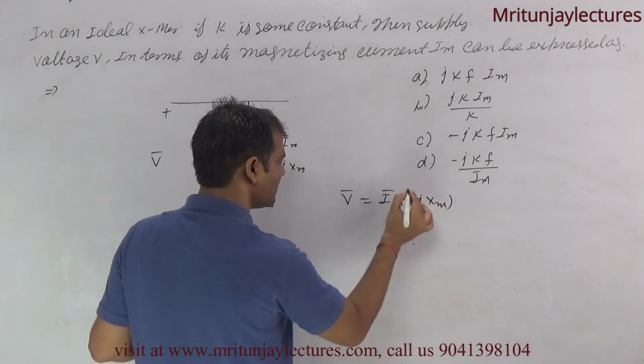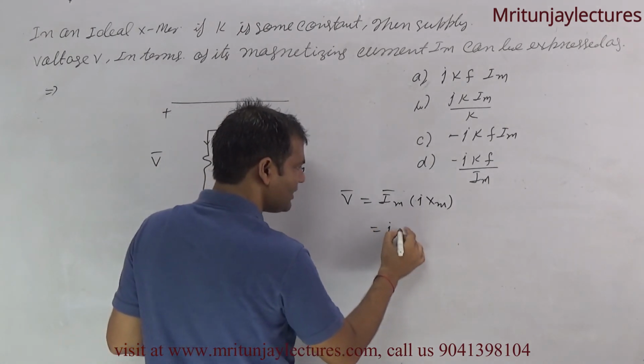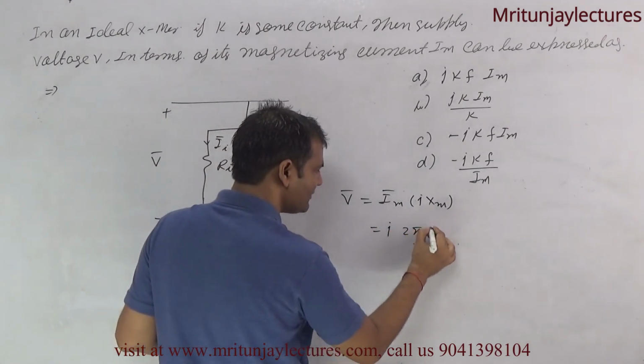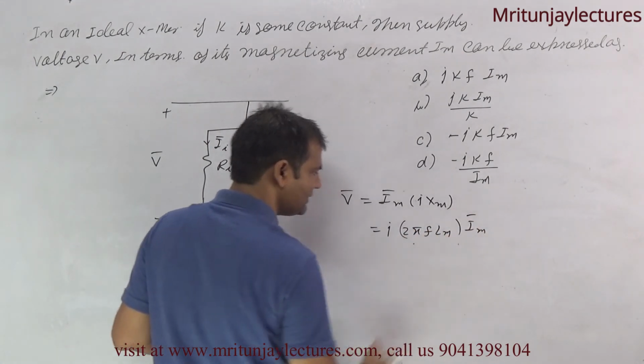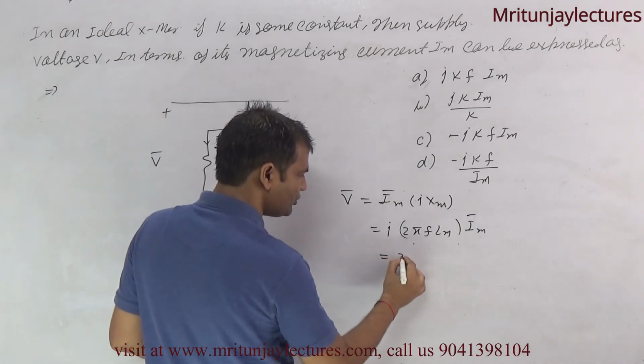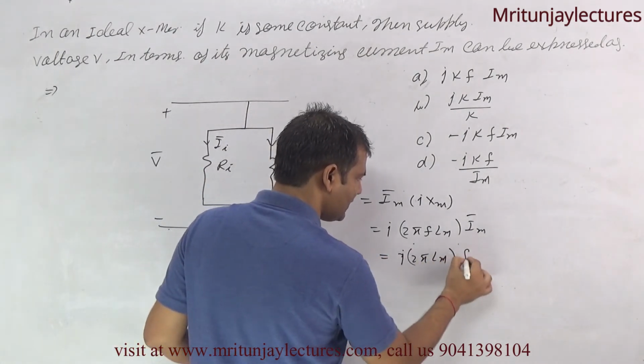So jXm is written as j 2 pi F into Lm, so V equals j 2 pi Lm into F into Im.